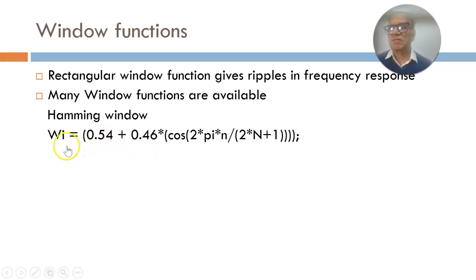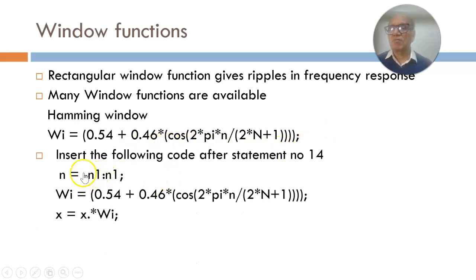In the rectangular window, it was suddenly jumping from 0 to 1 and then remained constant at 1. But if you give a more tapered window response, then you will find that your ripples are reduced. So this is the definition for the Hamming window.